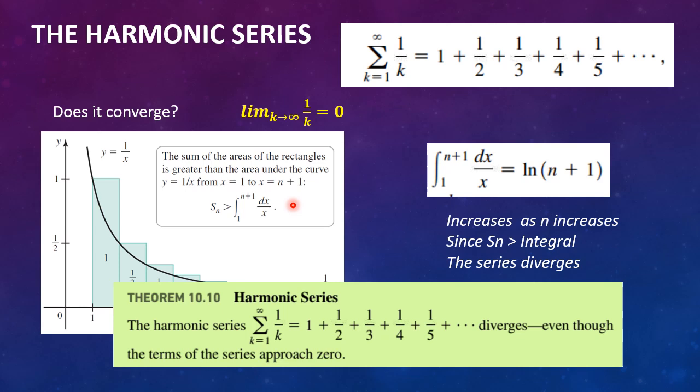Okay? The ideas used to demonstrate that the harmonic series diverges, we're going to use to prove a new and powerful convergence test. We'll see that in 10.5 with some other tests.